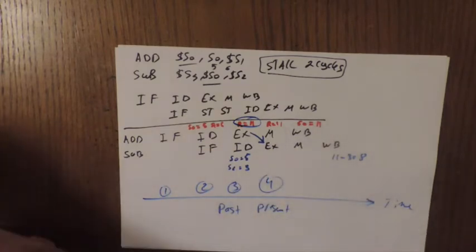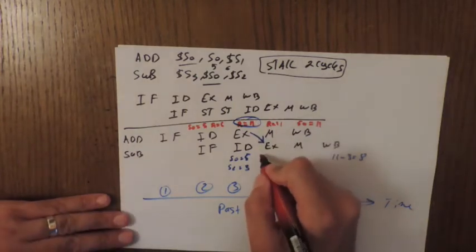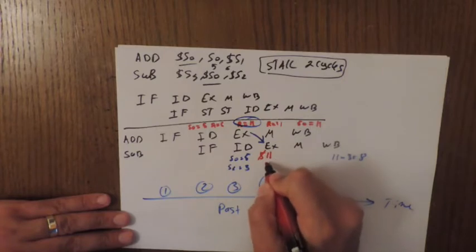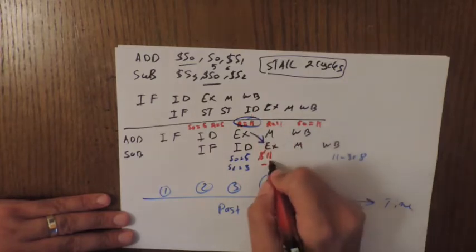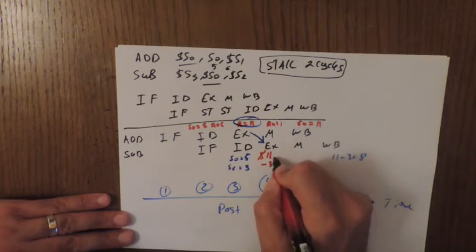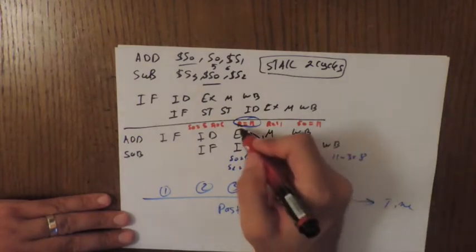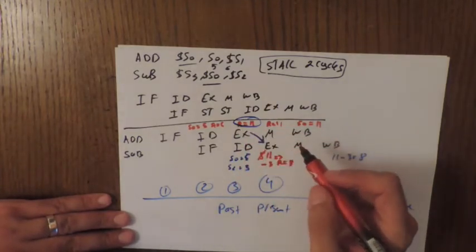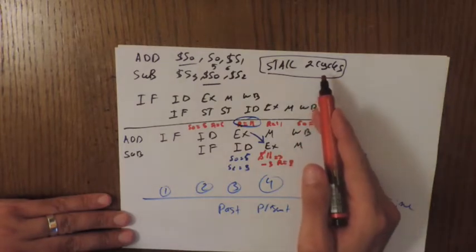So what if I can do something like this? Instead of using the 5, I will use 11 and say, okay, 11 minus what's S2? We said 3, and the result now will be 8. If I have a way to do this, then I can reduce the 2 stalls to nothing.